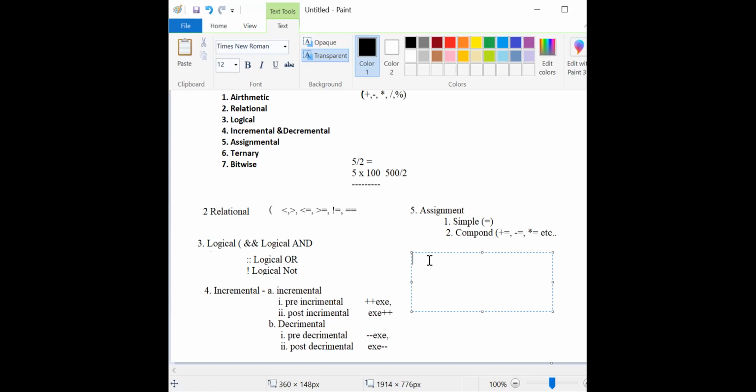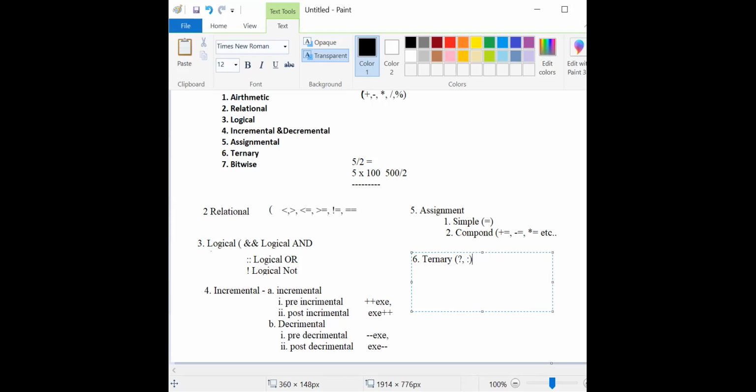Okay, and the sixth one is the ternary operator. The ternary operator uses the question mark and colon, for conditional purposes. You use this type of operator to check whether values are big or small.